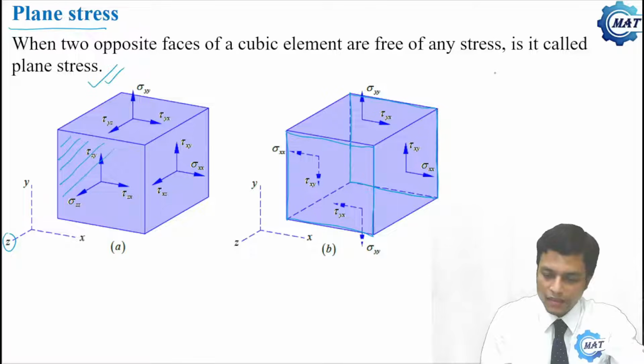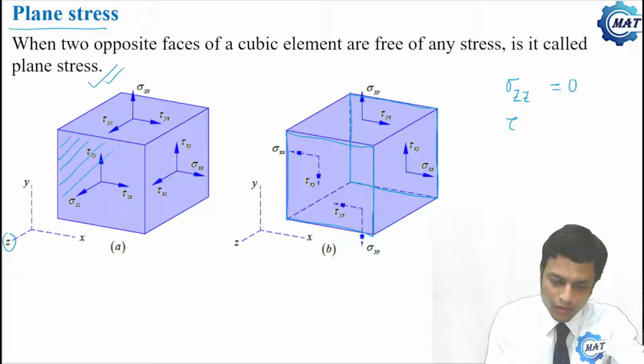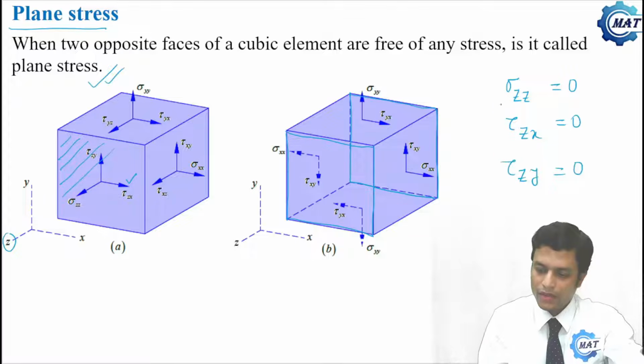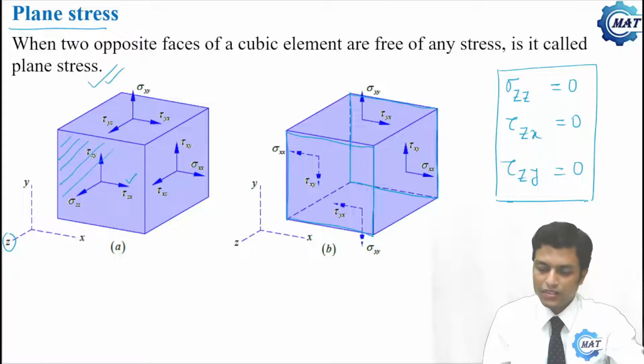That is, what are the existing stresses? Sigma zz is 0, tau zx is 0, and tau zy is also 0. So these stress components are 0. So what are the remaining stress components?